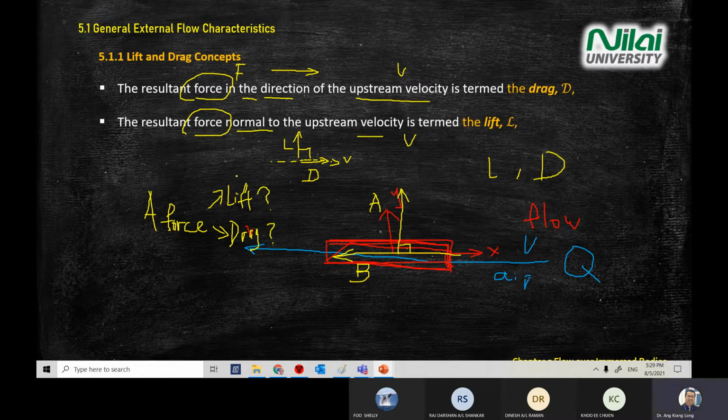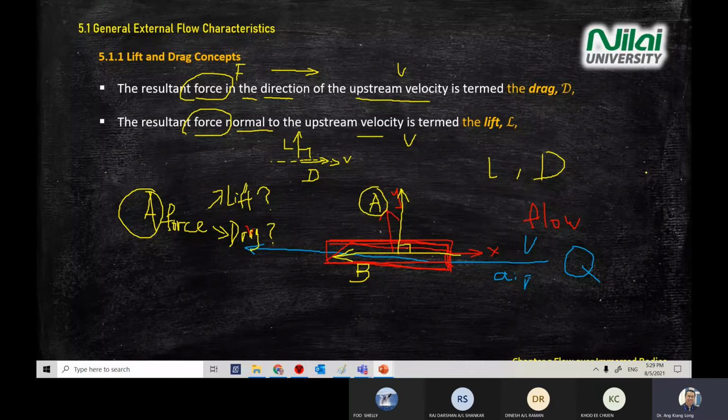I'm referring to A. This one. So A is lift or drag? Lift. Lift, because it is 90 degree to the velocity.